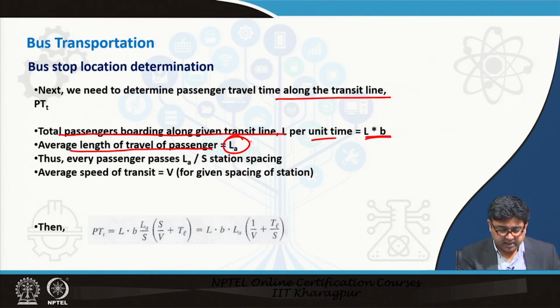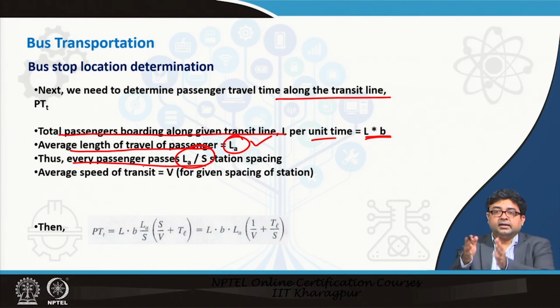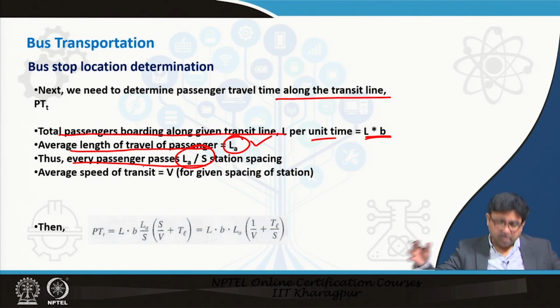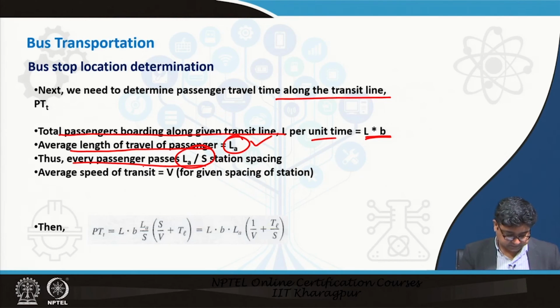So, if you consider the average to be L A, then every passenger passes L A by S station spacings. So, if you consider different station spacings, they will cross only L A by S station spacings, and they will not travel the entire spacing of the transit line of the stations.